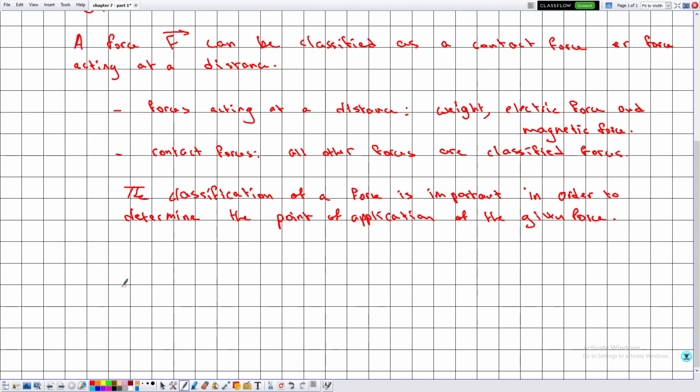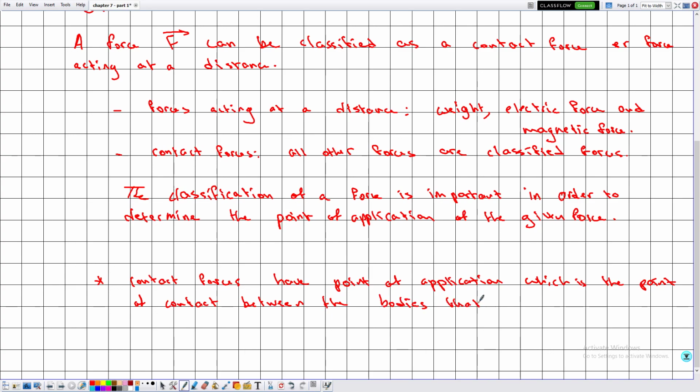So contact forces have a point of application, which is the point of contact between the two bodies that are at interaction.